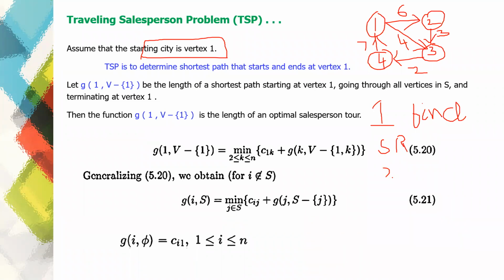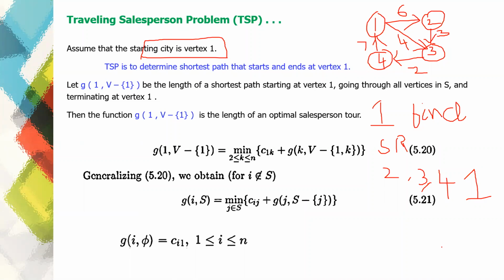What are the remaining cities? The remaining cities are 2, 3, and 4. Now you have to start from city number 1. Then you have to find the shortest route through which you can travel to city number 2, 3, and 4. And then finally you come back to the starting city and stop.